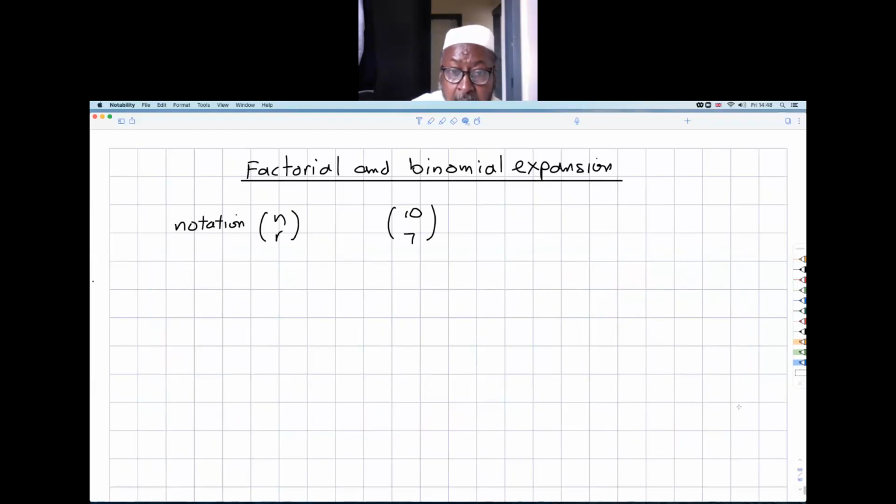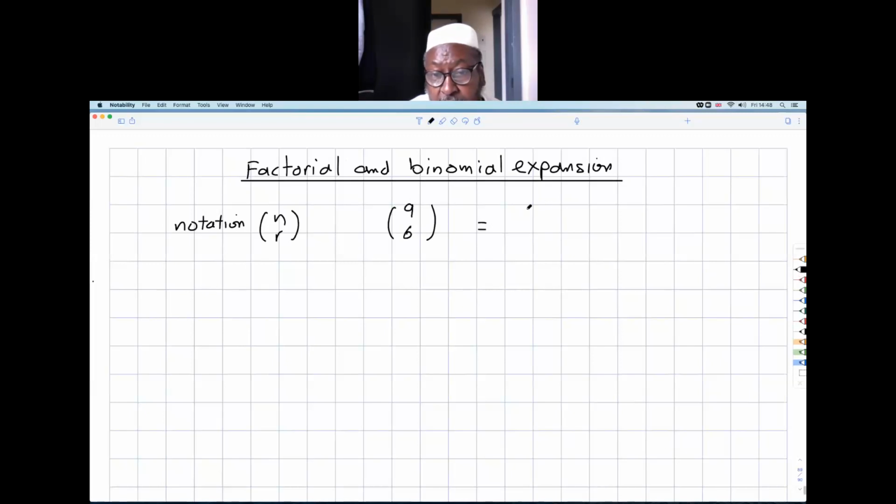What if we have instead, for example, 9 6, the notation 9 6.